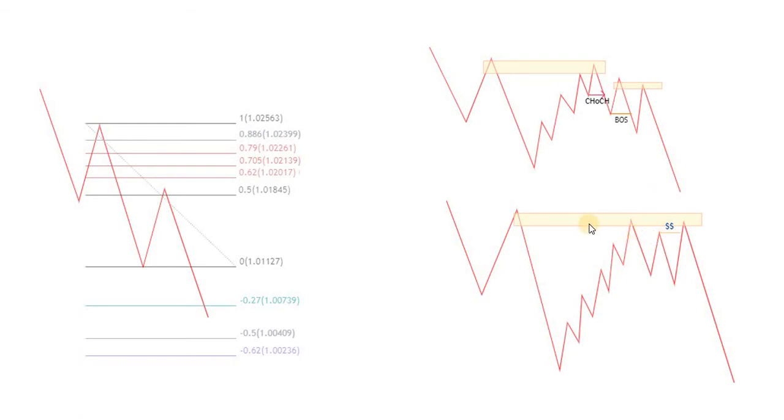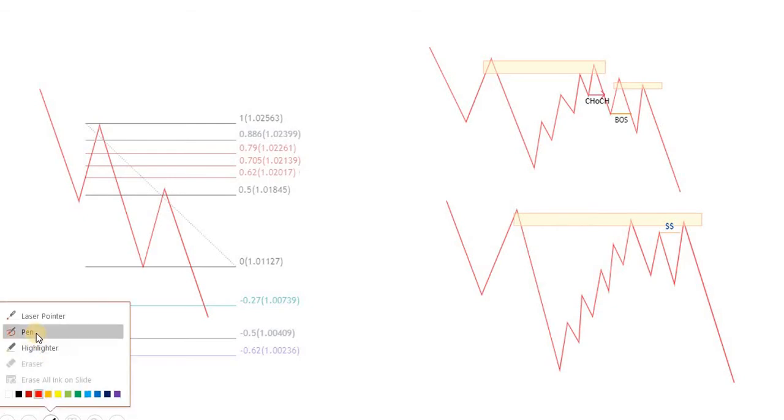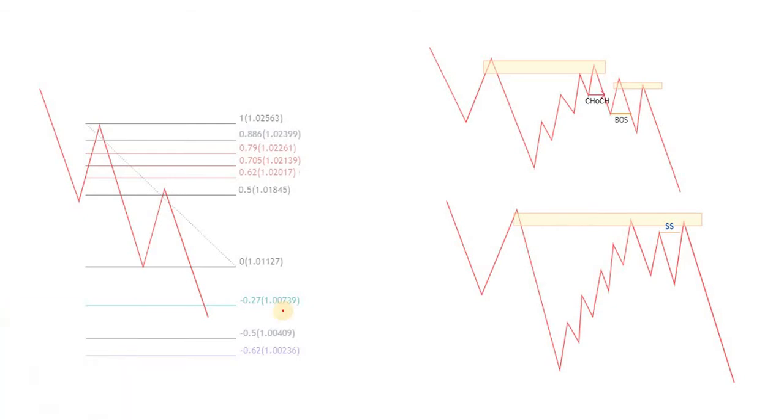This is another variant of what we have above. In this case, after we have this change of character here, this is a change of character because the higher low was broken. We waited for another break, which is break of structure.